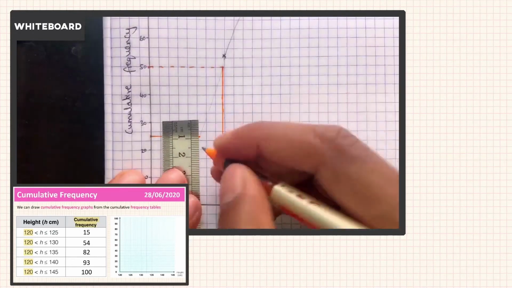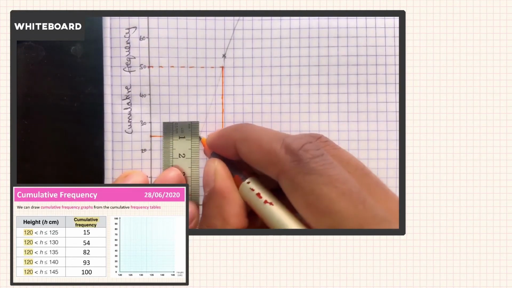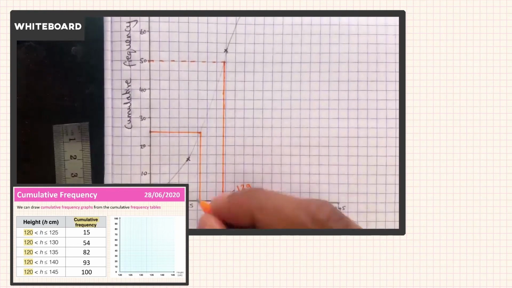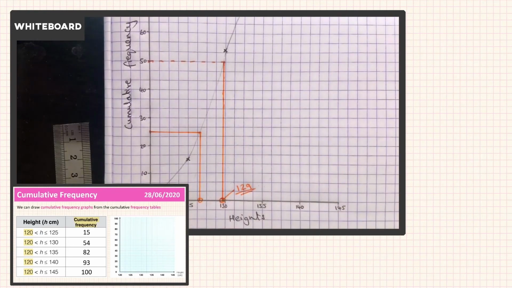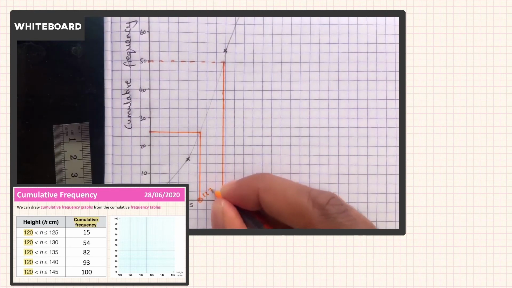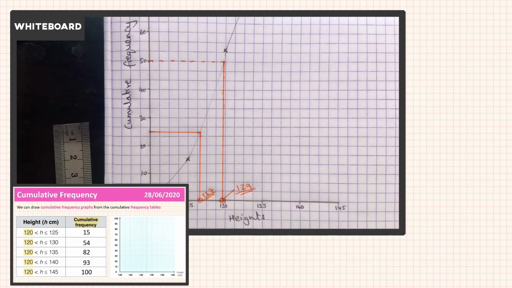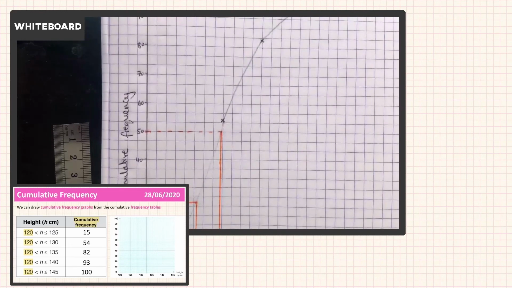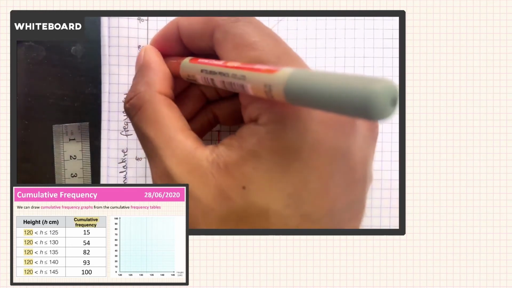I'll just pull this away to give myself a bit more room. I go straight down. What's this value here? Well, the difference here is 5. I'd say that is about 127 as my lower quartile. And I could also find my upper quartile. I'd just go from 75, which would be here.